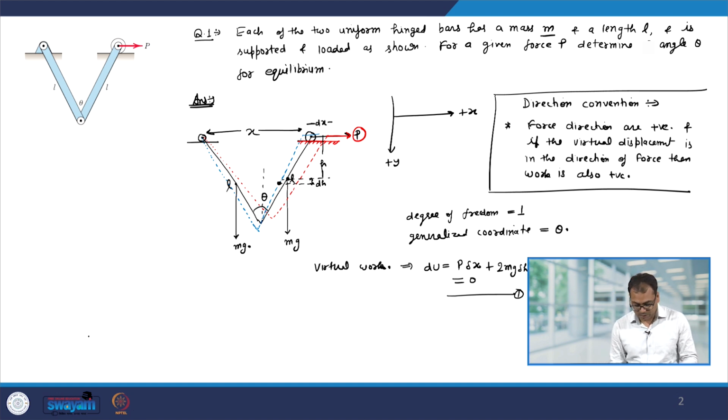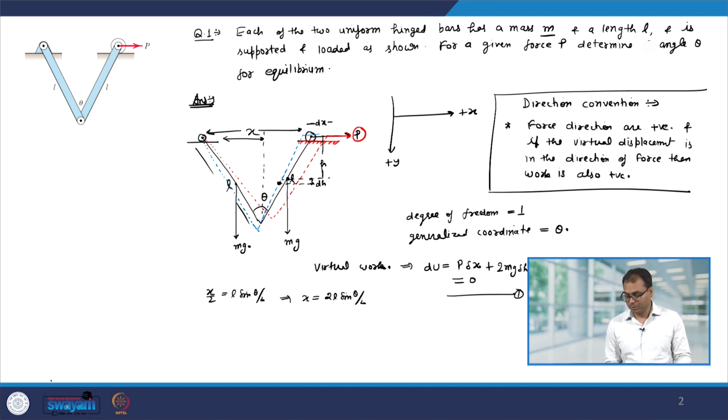From the geometry you can see that because this length is L, therefore, x by 2 will be L sin theta by 2, or x will be 2L sin theta by 2. Therefore, dx will be L cos theta by 2 delta theta. Okay. So, we got this dx in terms of d theta.